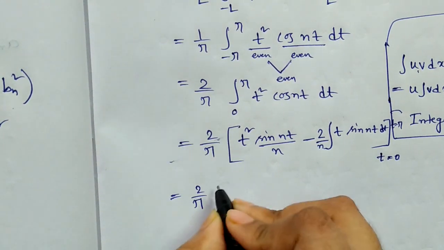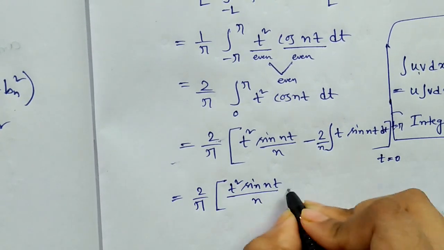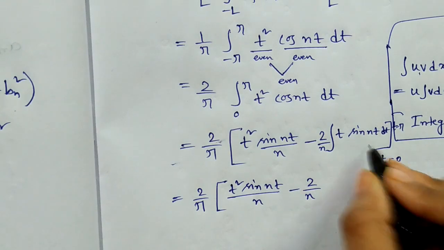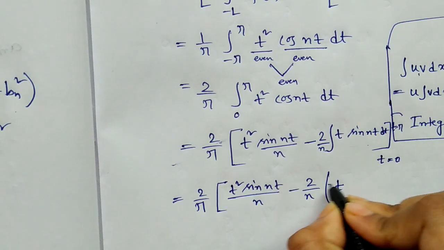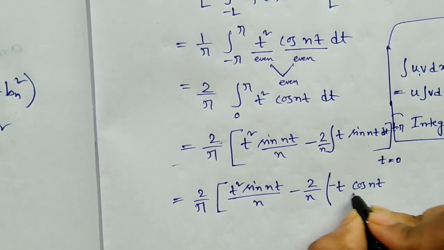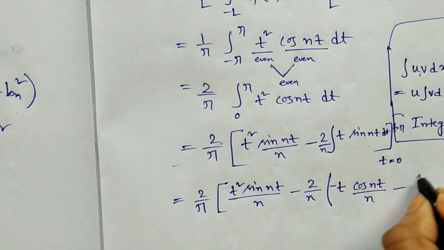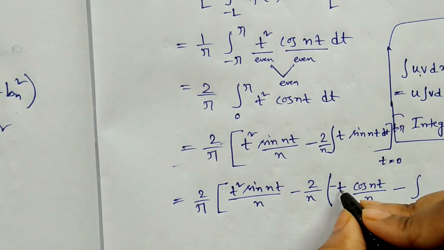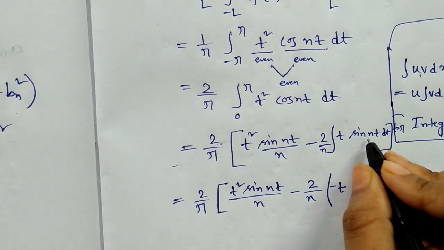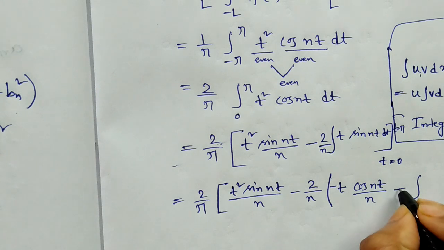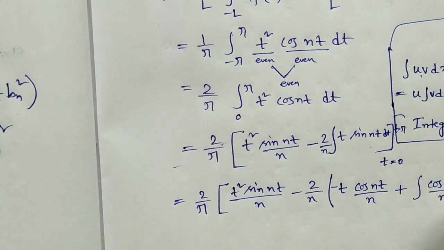Therefore 2 by pi, t square sin nt by n minus 2 by n. Now this is equal to t times minus cos nt by n, minus integration of the derivative of t, that is 1, and integration of sin nt, that is minus cos nt by n, so minus minus plus cos nt by n dt.